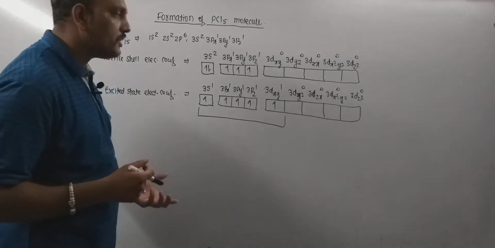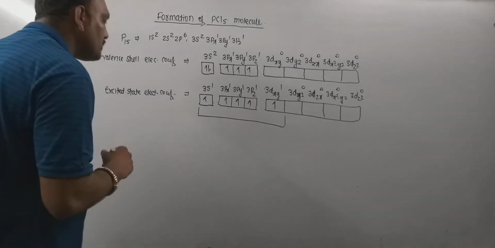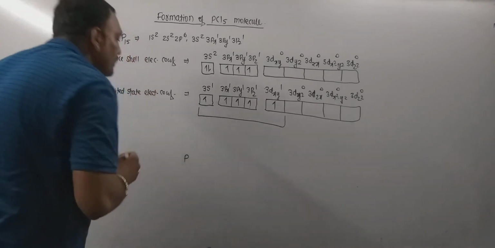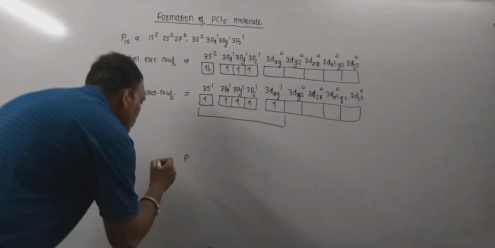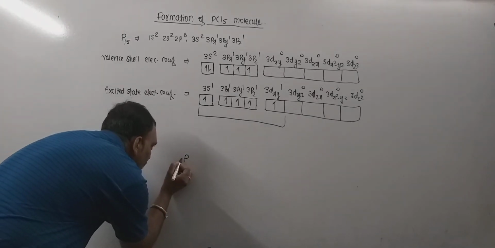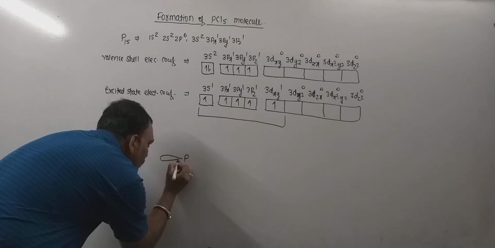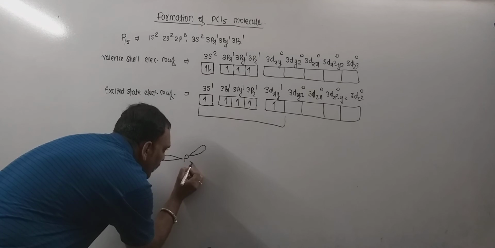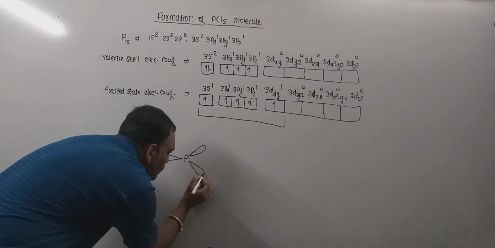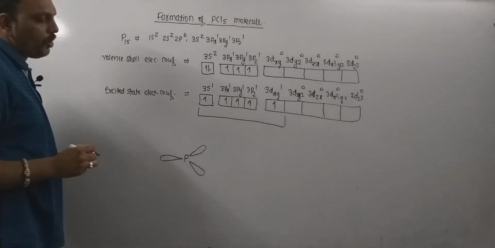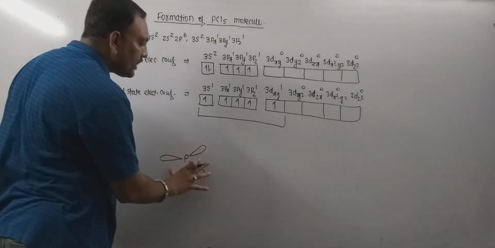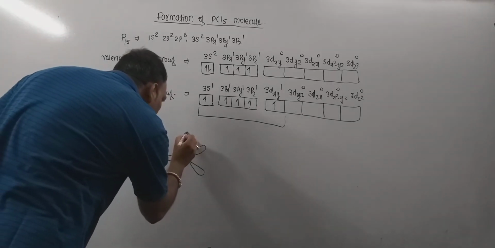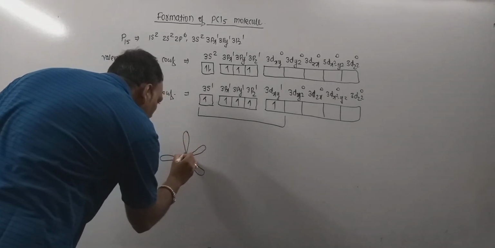As far as these hybrid orbitals are concerned, they are directed in a trigonal bipyramidal manner like this. Say these are the sp3d hybrid orbitals which are directed trigonally around the central atom phosphorus. These are called equatorial hybrids. Now the remaining 2 hybrid orbitals are somewhat longer than these.